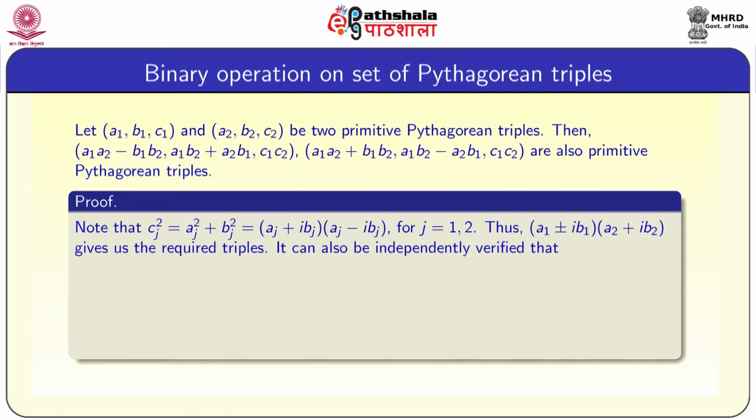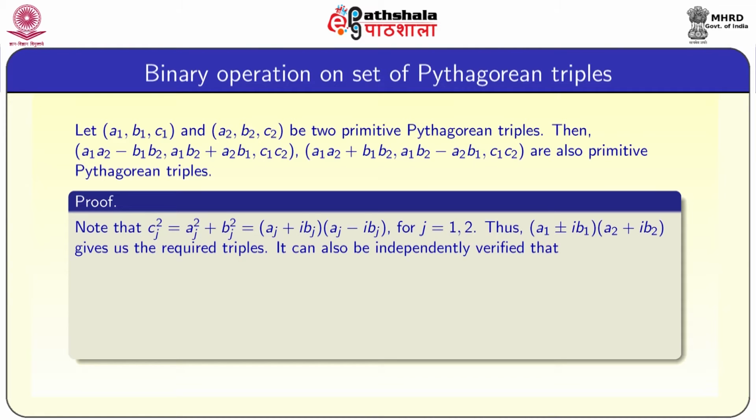So, the proof goes like this: cj square is equal to aj square plus bj square, which is equal to aj plus i bj into aj minus i bj. In the Gaussian integers we saw these properties, that is just the norm of a plus ib, which is cj square. Thus, a1 plus ib1 into a2 plus ib2 gives the required triples.